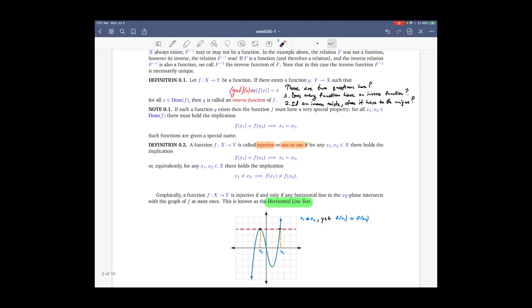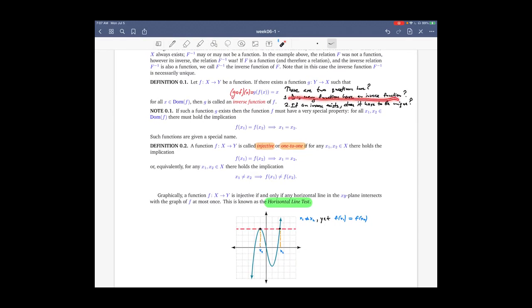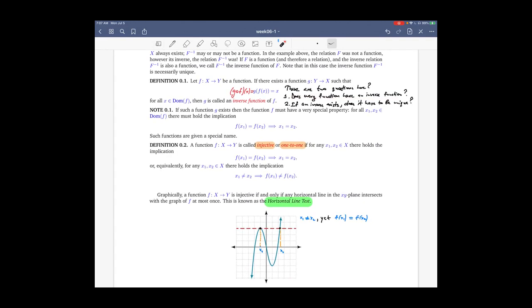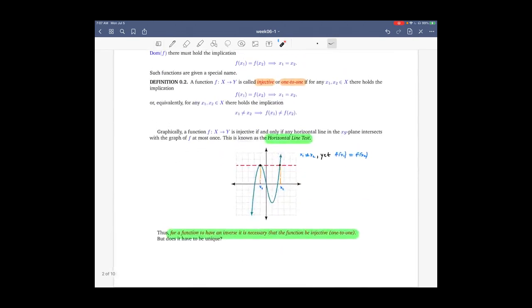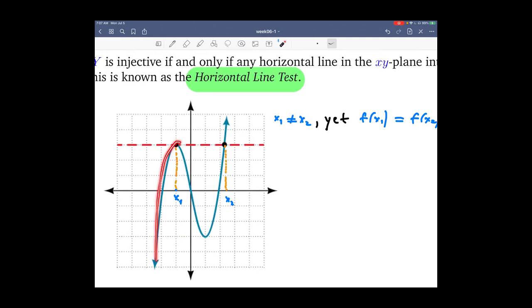That more or less answers the first question. Does every function have an inverse function? No. If a function is not injective, it has no inverse. A function whose graph you see in the picture, for example, has no inverse.